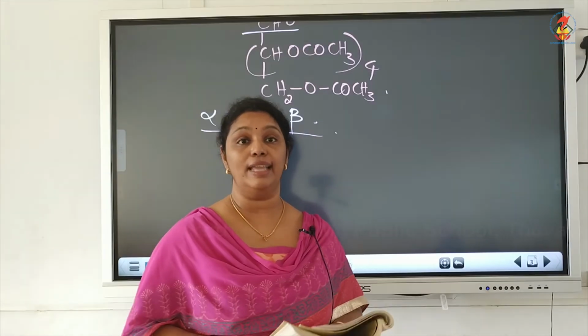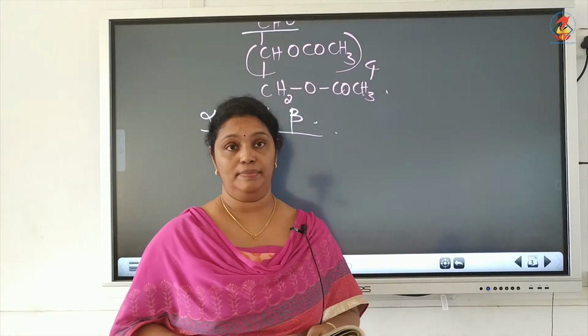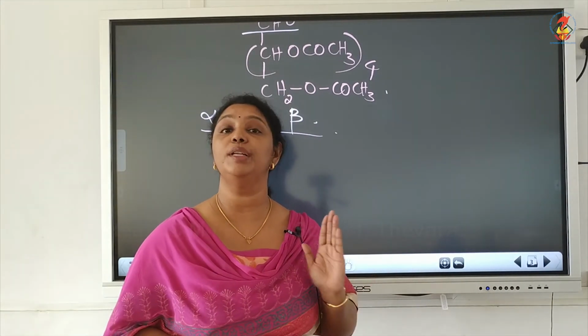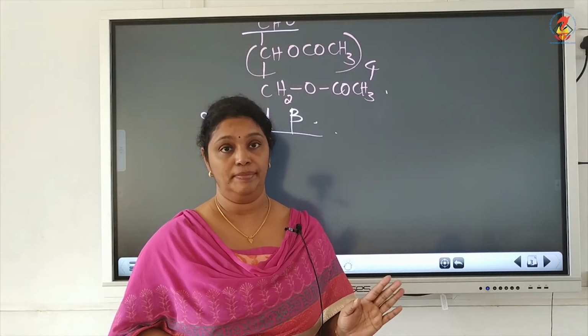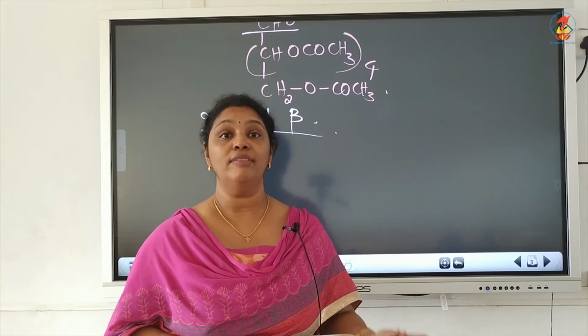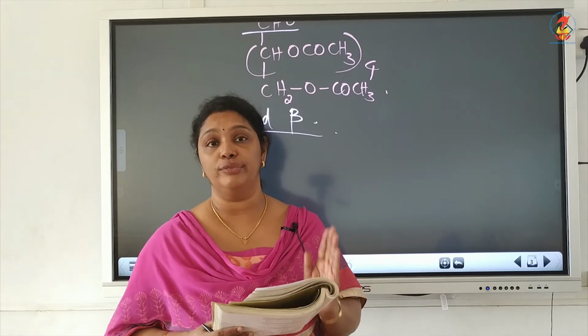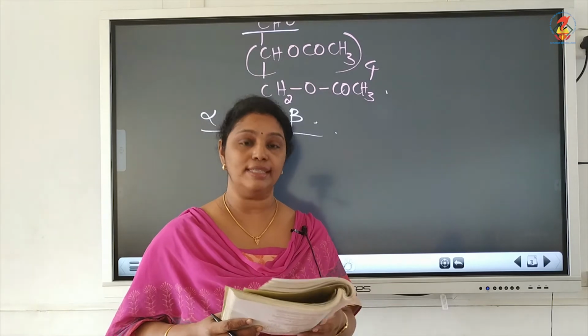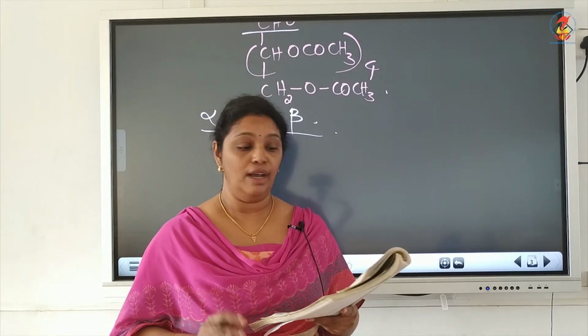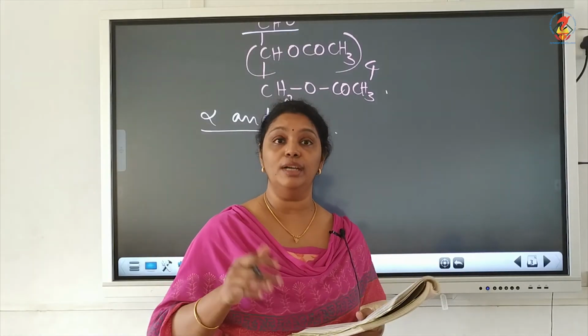So these are the three reactions that showed that the aldehyde group in glucose is not free. Okay, which means we have a cyclic structure for glucose. So we are going to discuss that cyclic structure. Now for that again I am going to draw the open structure.